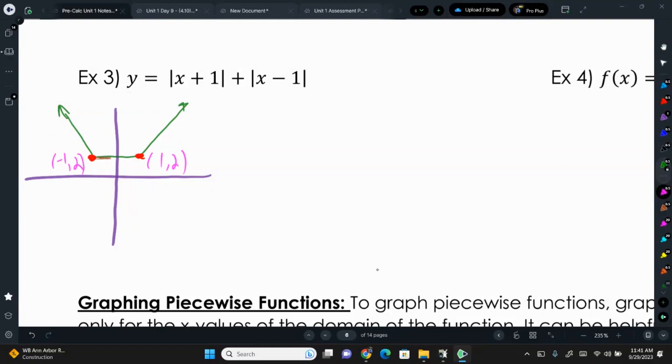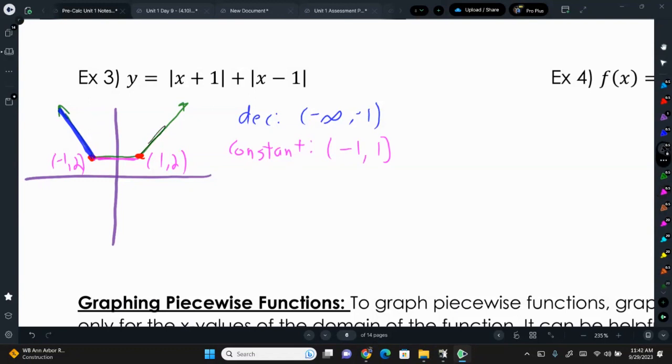So we have an interval of decreasing y values, reading from left to right. So decreasing would be from -infinity to -1. Constant, we have a constant portion of this graph from the x values of -1 to +1.